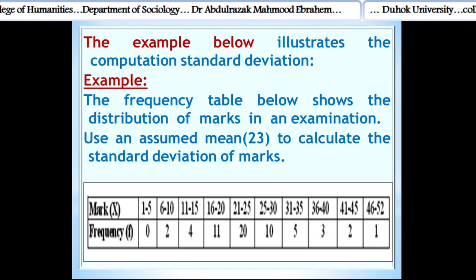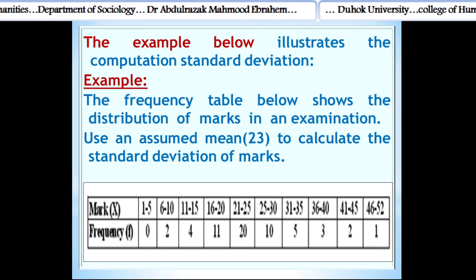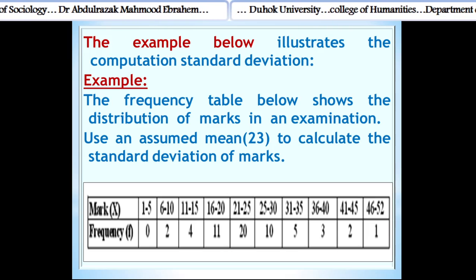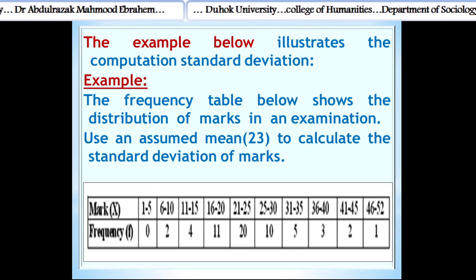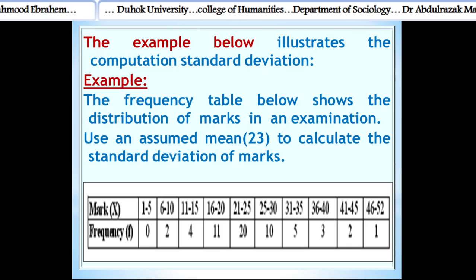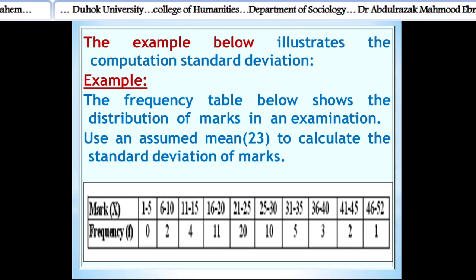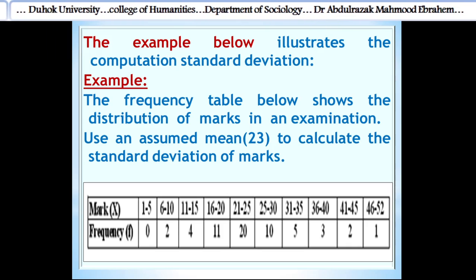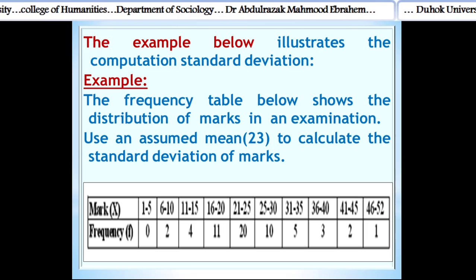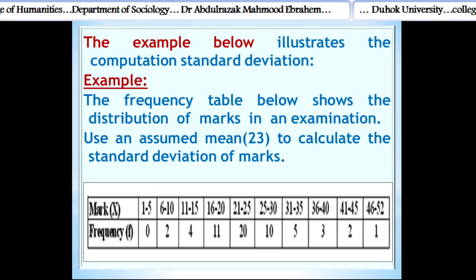The example below illustrates the computation of standard deviation. First example: the frequency table below shows the distribution of marks in an examination. Use an assumed mean of 23 to calculate the standard deviation of marks.